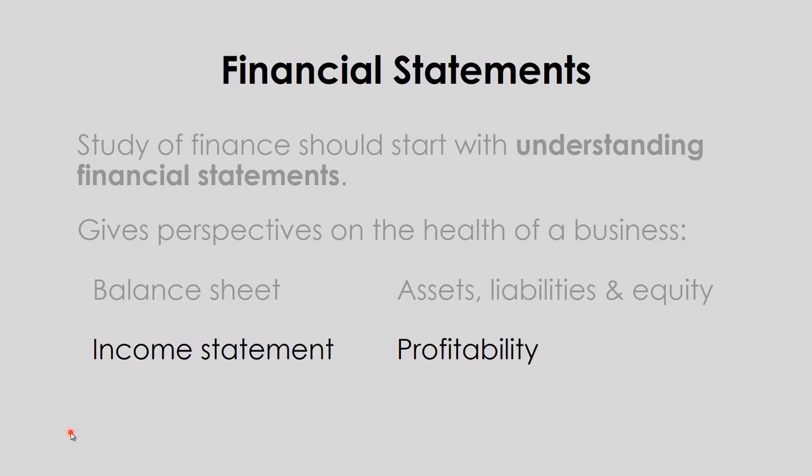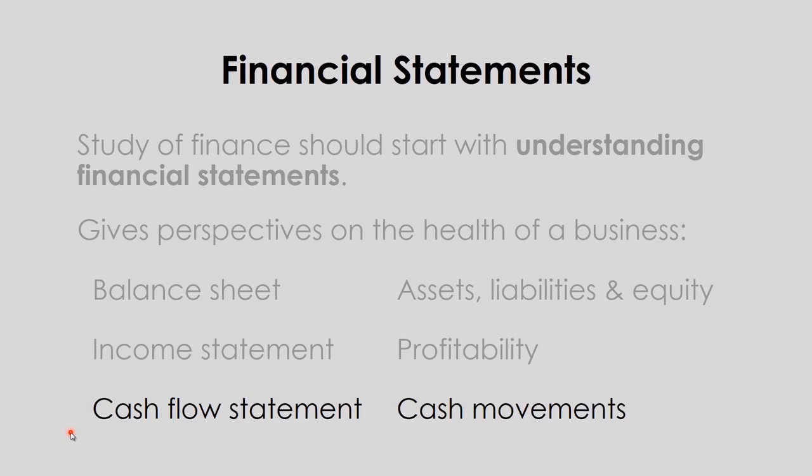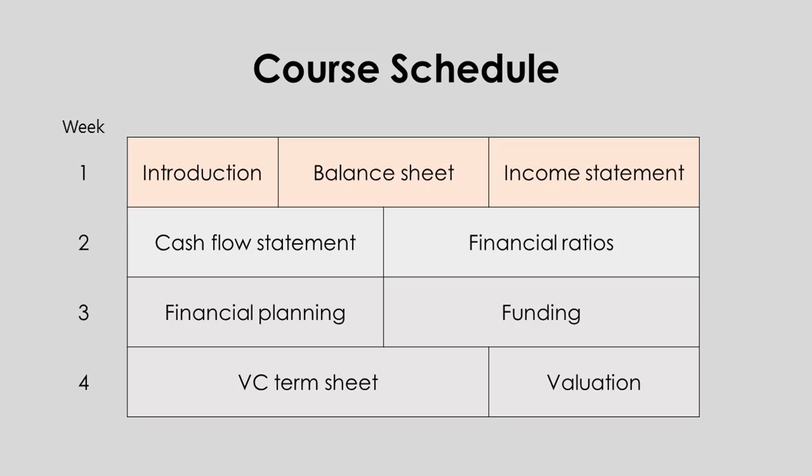The second statement is an income statement, and it shows how profitable your company is in a given period. We will soon understand that cash is king, and with the third statement, a cash flow statement, we monitor cash movements.